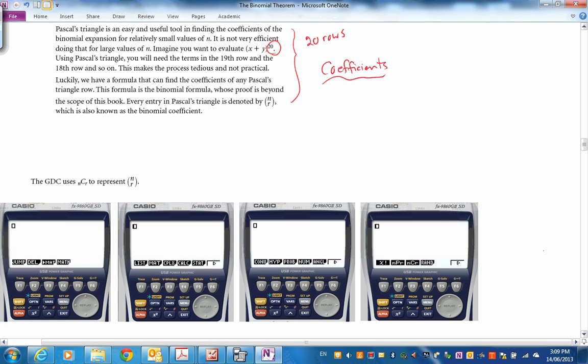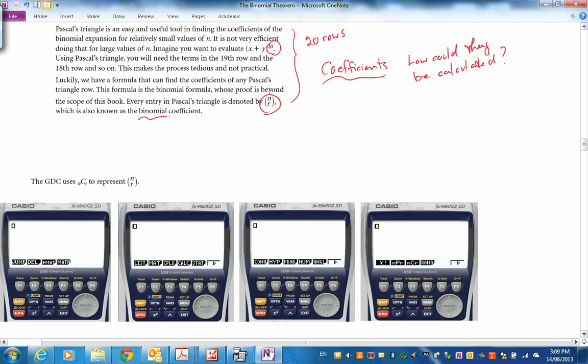Is that possible? Okay, so what are the coefficients? How could they be calculated? All right, well, we could, for example, use the calculator. There's actually a symbol for these coefficients, which is nCr.